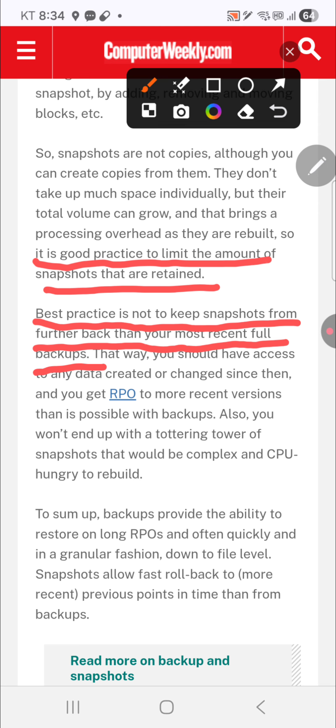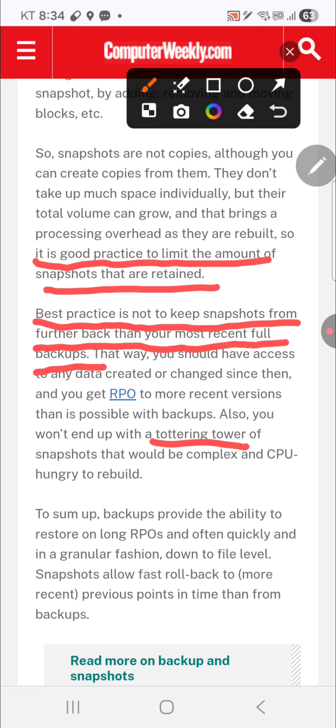Also, you won't end up with a tottering tower of snapshots that could be complex and CPU-hungry to rebuild.